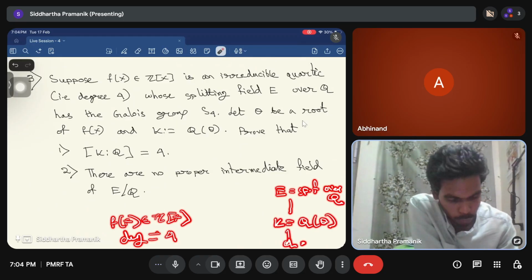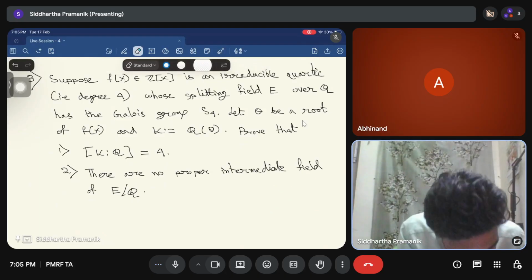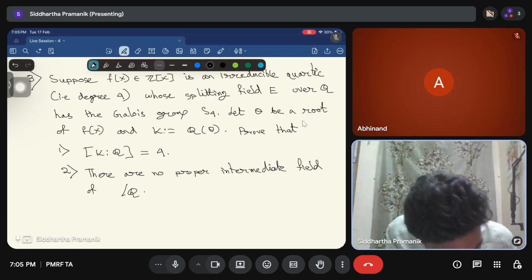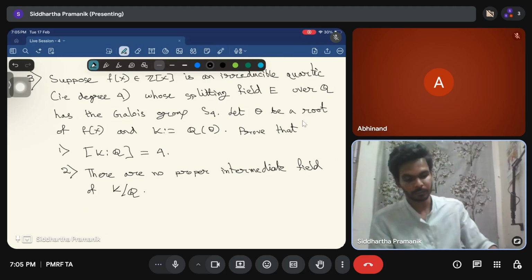So we have to prove two things: that the degree of this thing is 4. I think I made a mistake, because K itself is an intermediate field. So this should be K over here. So K over Q has no intermediate field.